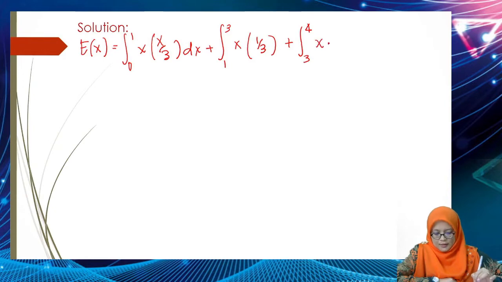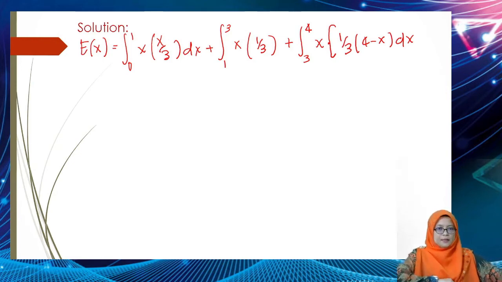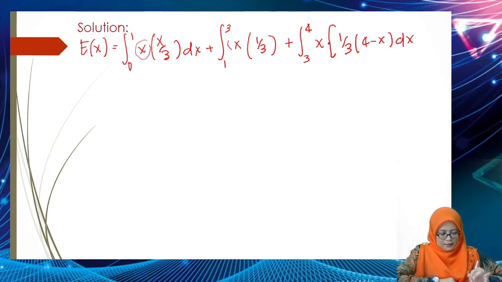X darab dengan awak punya function is 1 over 3 (4 minus X) dx. So 0 tu pun nak darab boleh lah, tapi dia tak ada interval, so tak payahlah, ambil nilai yang ada value X. So ni each of your function awak akan darab dengan X ni, sebab awak nak cari expectation X.